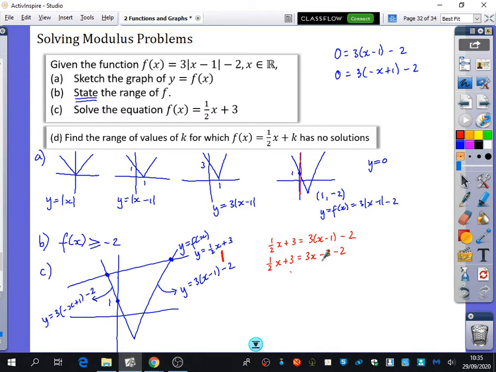So that is going to be 6 minus 2, which is 4, equals 3 minus a half, which is 5 over 2x. So x is equal to 8 over 5. I've gone a bit quick there, just because I'm conscious of making sure we finish everything before break time.